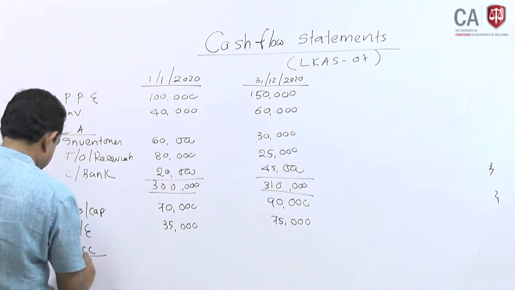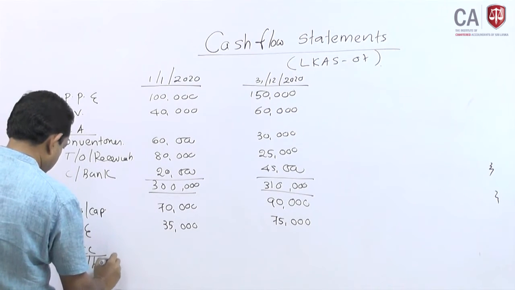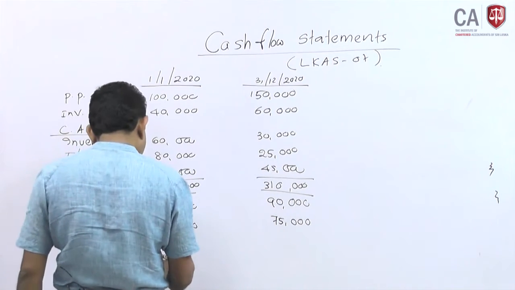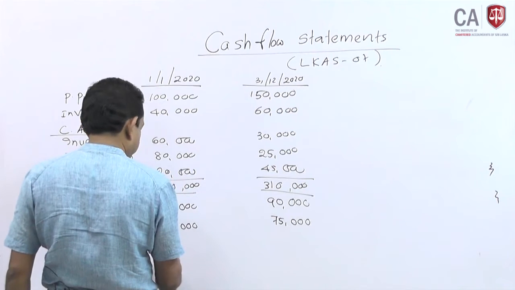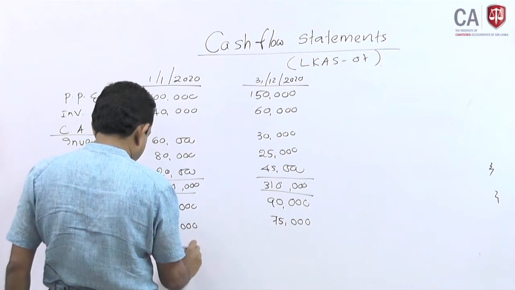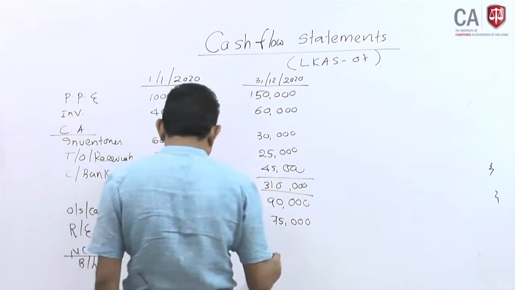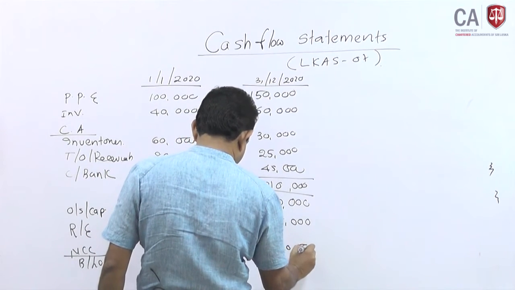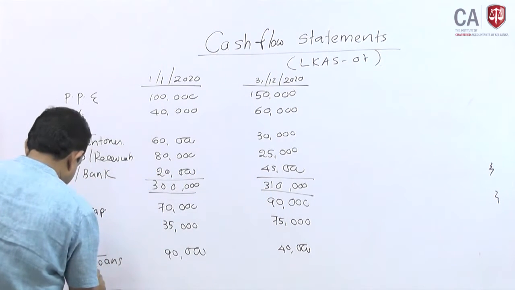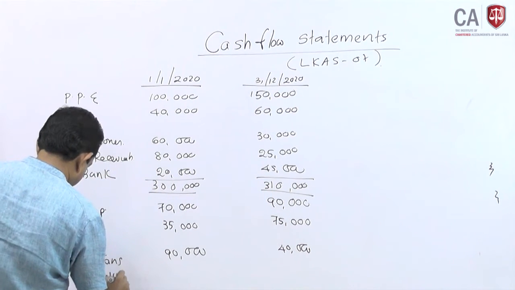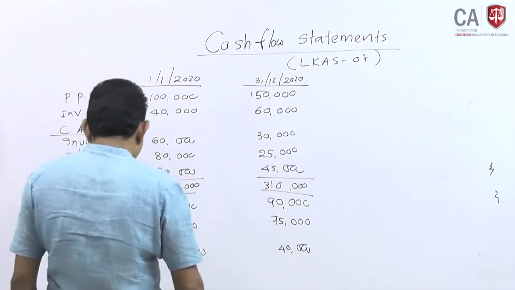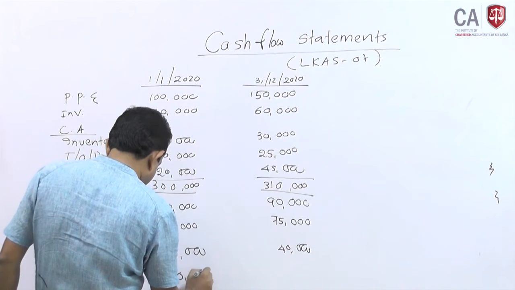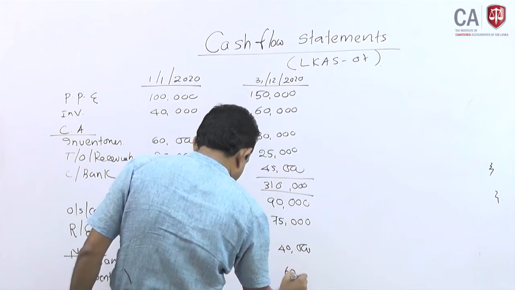Non-current liabilities, under that say bank loans: beginning balance 90,000, ending balance 40,000. Debentures: beginning balance 30,000, ending balance 60,000.